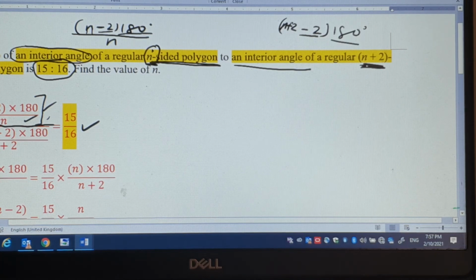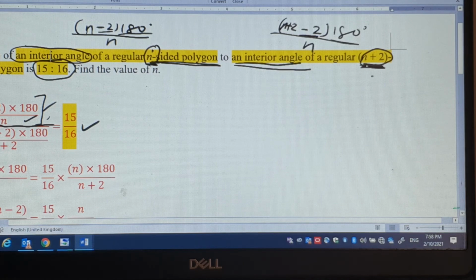You follow already? So the number of sides, you follow whatever they give you. If they say n plus 3, you put n plus 3 here. 2n, you put 2n here. N minus 4, you put n minus 4 here. Then you must divide, because they want 1 only.